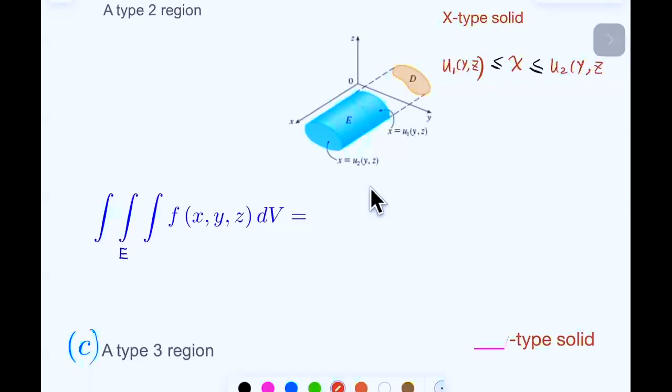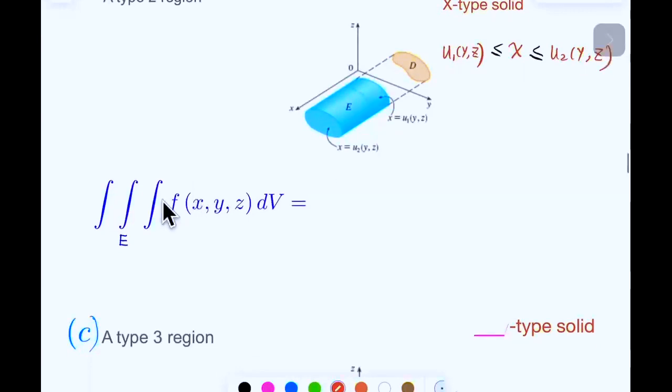All right. So how do you express the triple integral of a function over the X-type solid? Then you just need to figure out the innermost integral first, right? So what will be the innermost integral? So let's write down, let's figure out the innermost integral.